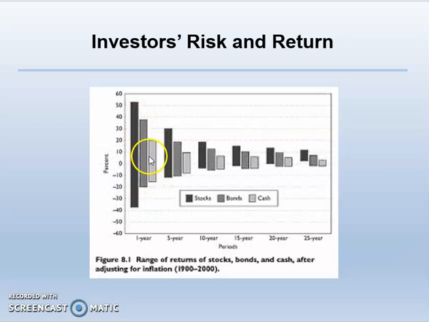Cash varies less in 1 year. And as you hold it out 20 years, notice the deviations, the spreads get smaller and smaller. Interesting to note that out here, after 15 years or even 10 years, the worst year for stocks is not as bad as the worst year for bonds.